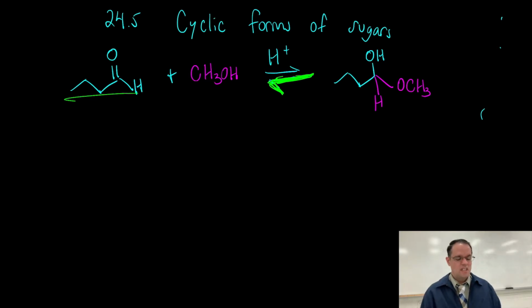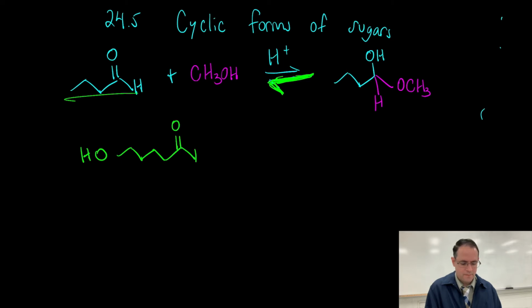Now, cyclic acetals form when the alcohol is present within the aldehyde, okay? So if we have something like this, it's usually best if we draw it kind of wrapped around like a snake ready to bite its own tail.